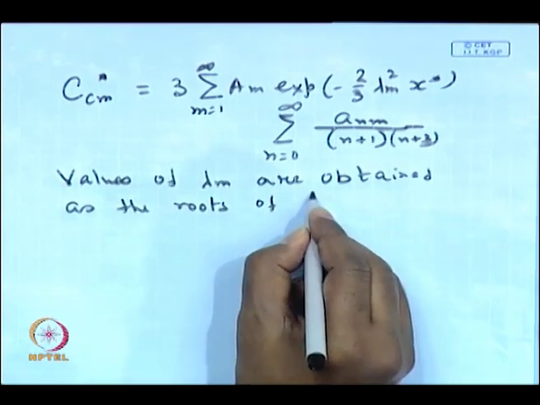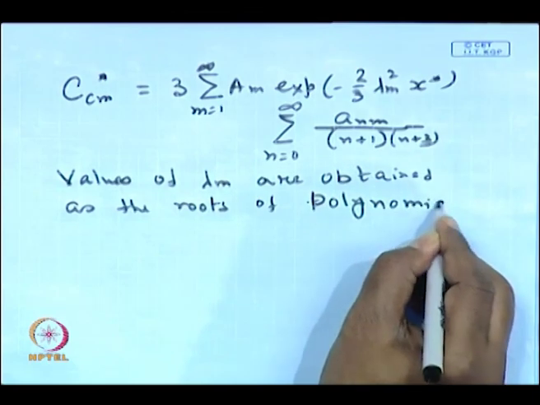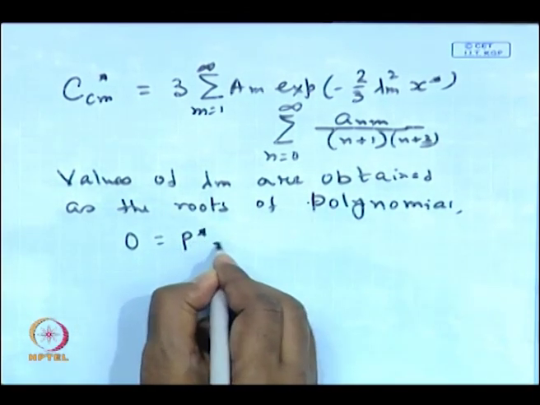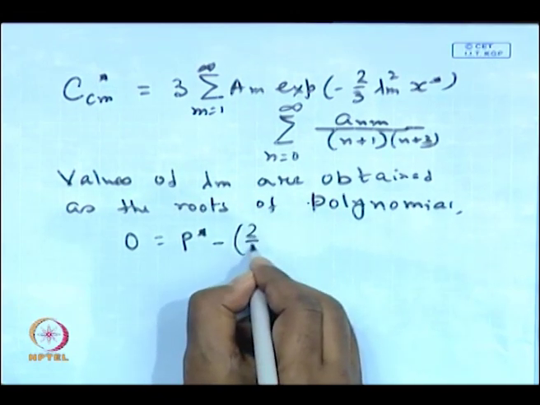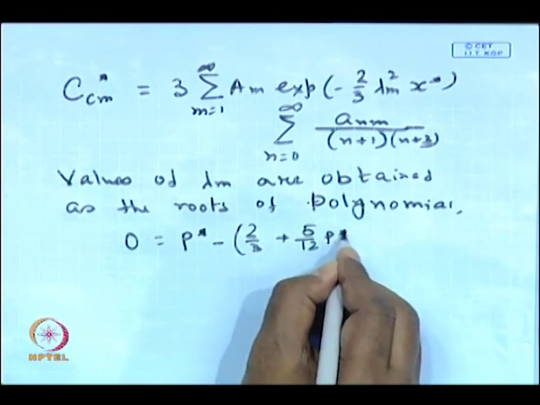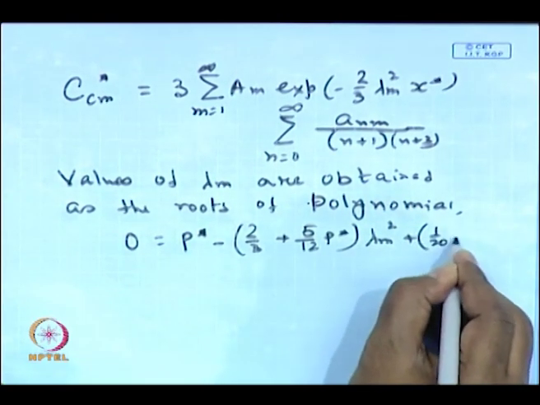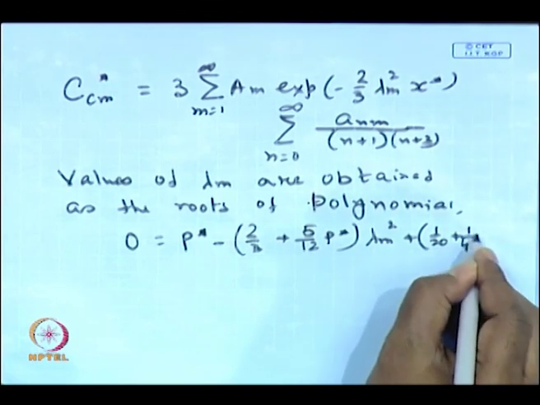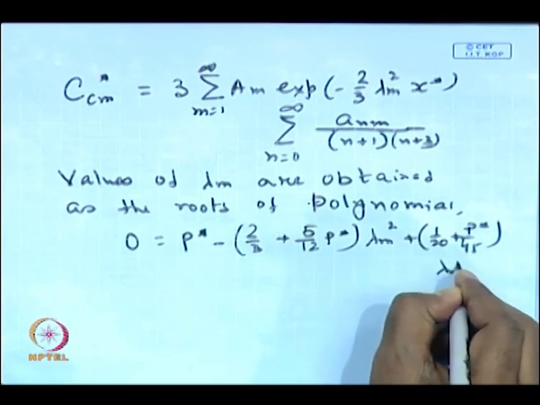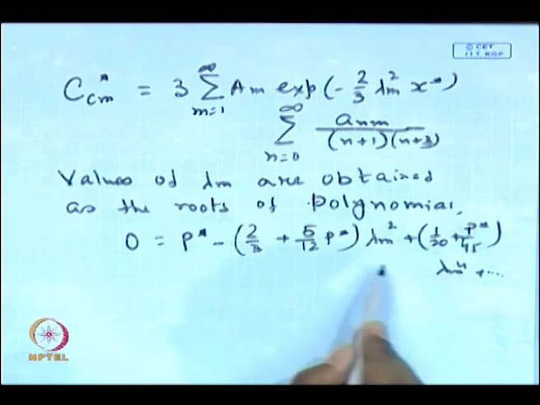I am just writing that polynomial in this form: 0 is equal to p star minus 2 by 3 plus 5 by 12 p star times lambda m square plus 1 over 20 plus 1 over 45 p star times lambda m to the power 4 plus and so on. How do you obtain this equation?